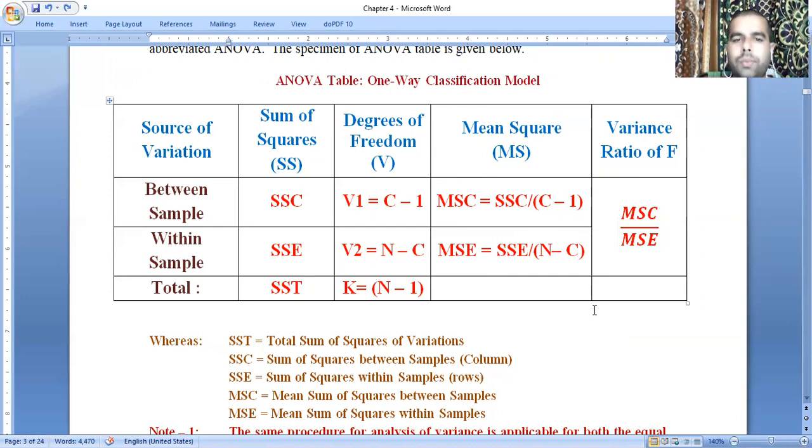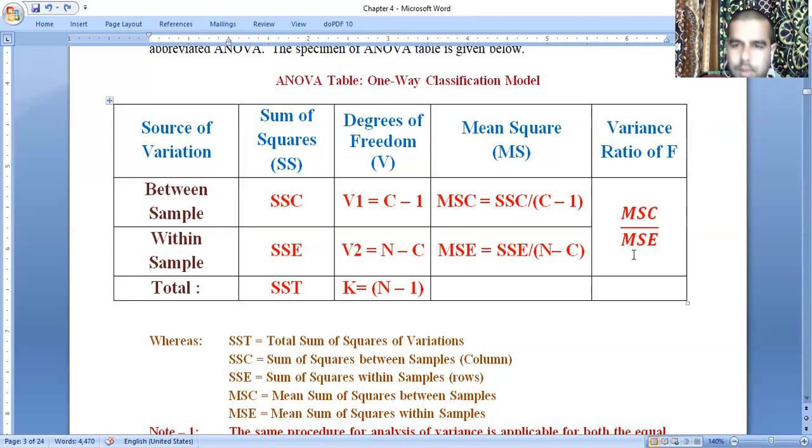With that value, observe carefully whether 5% or 1% is given in the question. If 1% is given, follow Fisher's 1% ANOVA table. The calculated value, MSC by MSE, should be compared with the table value at 1%.